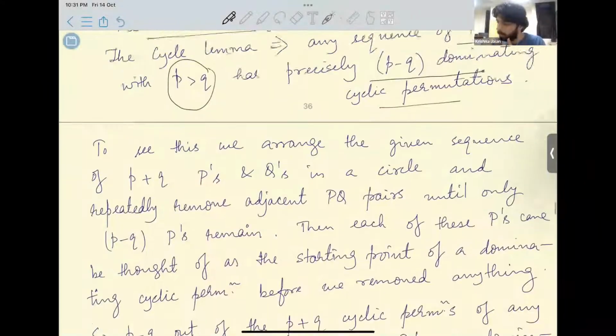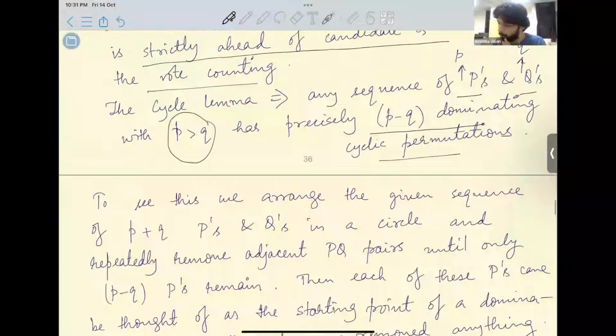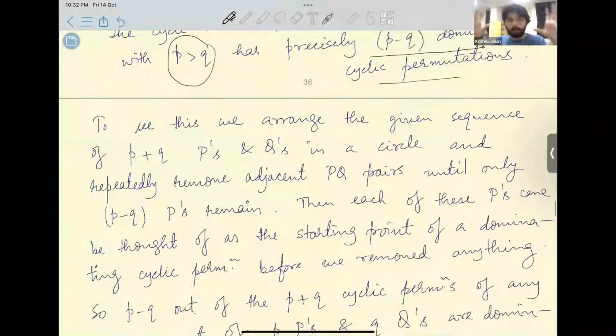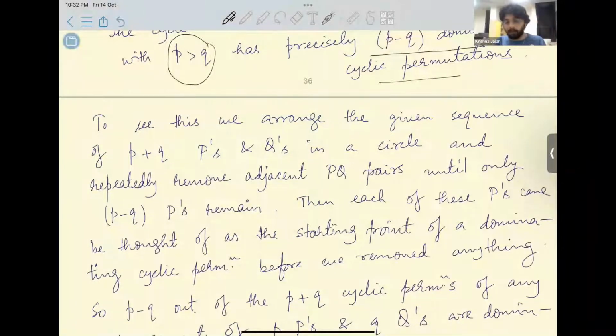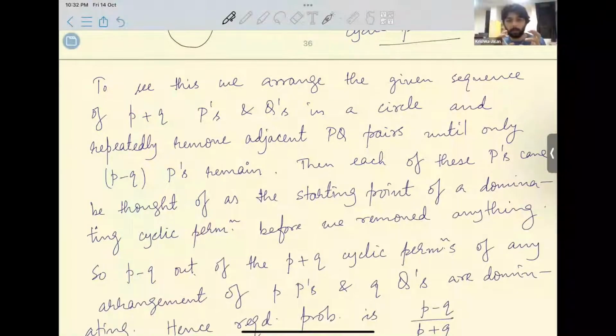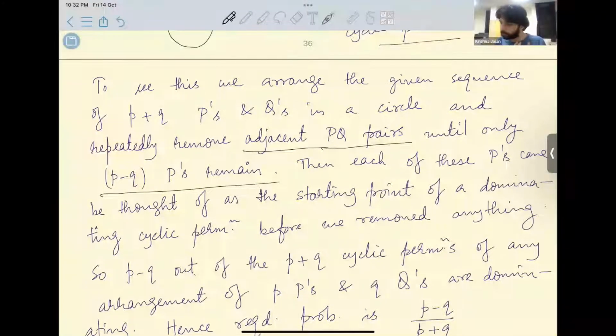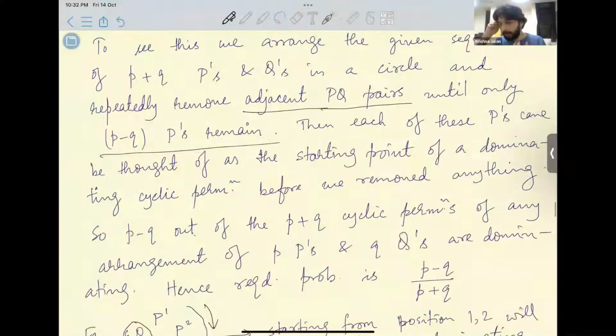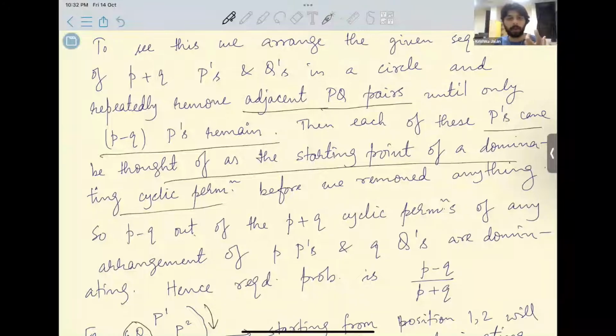So that's what I'm trying to say here in a generic case. Our case was P and Q. We arranged all such P's and Q's on a circle, and then you remove adjacent PQ pairs. You'll be left with P minus Q P's. The cyclic lemma states that each of these P's can serve as a starting point of a dominating cyclic permutation, and that's what we require, the number of dominating cyclic permutations.